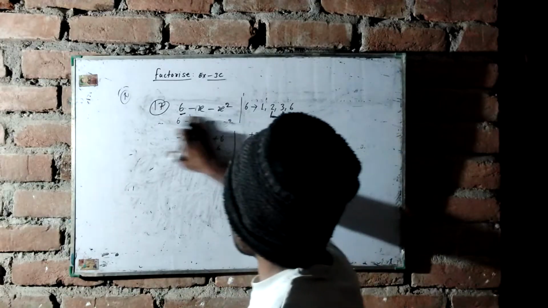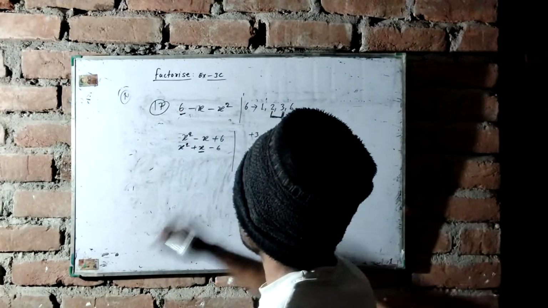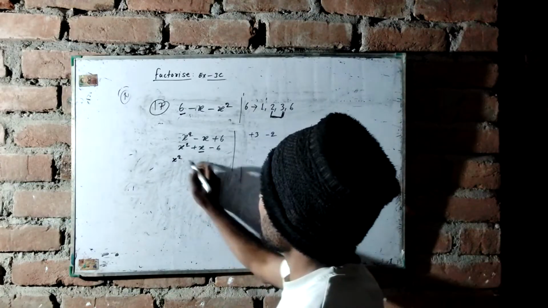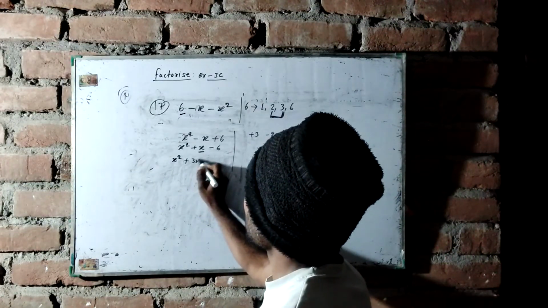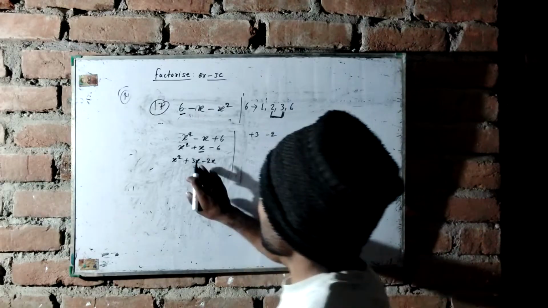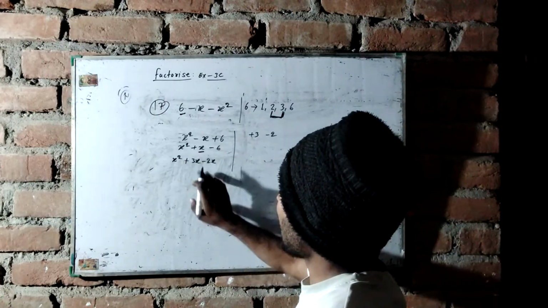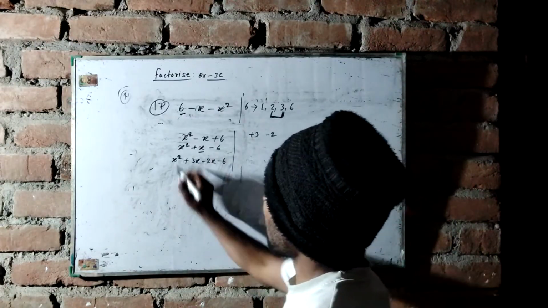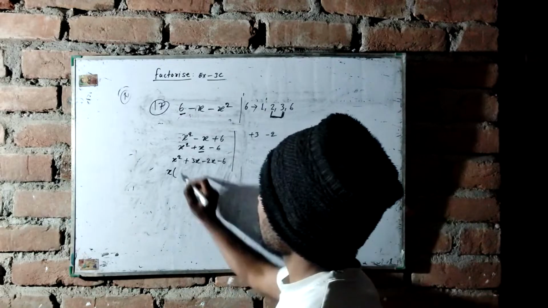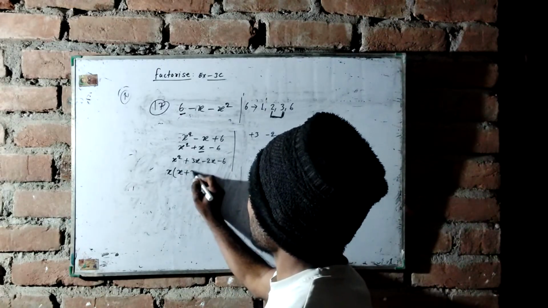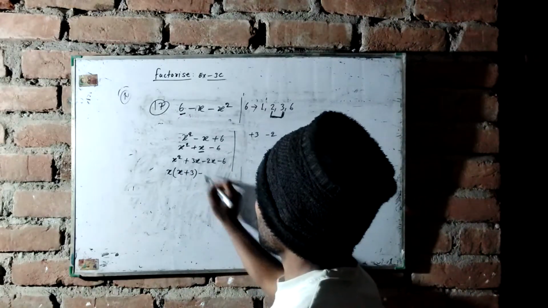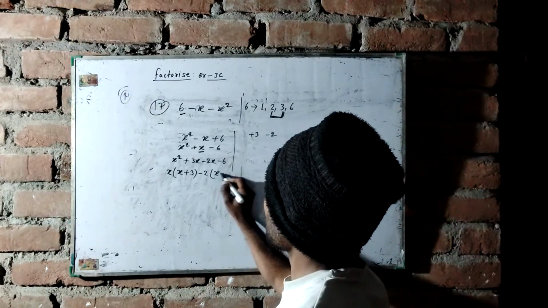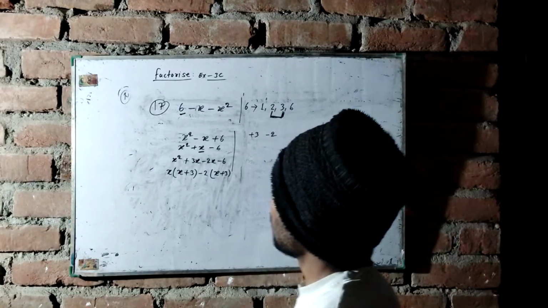So now we can write this polynomial as x squared plus 3x minus 2x, because their difference will be plus x and their product will be minus 6. Now we can take x as a common factor, so we can write x plus 3 as a multiple, and we can take minus 2 as a common factor and write x plus 3 as a multiple.